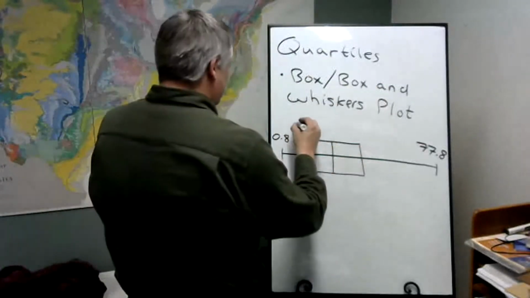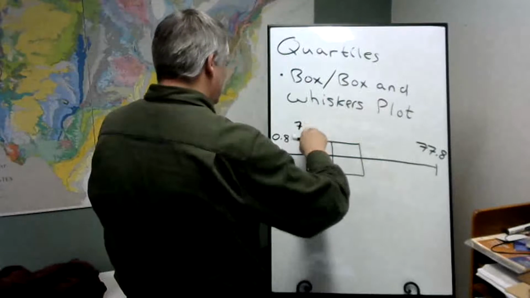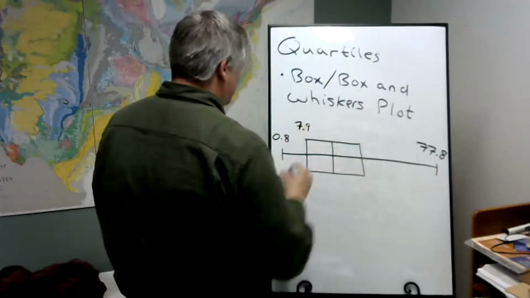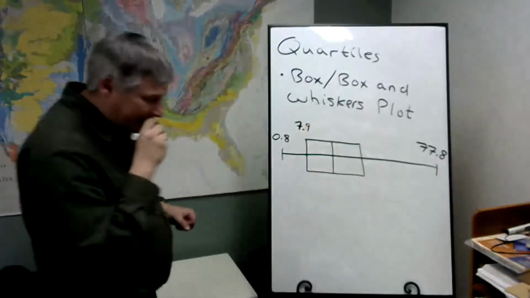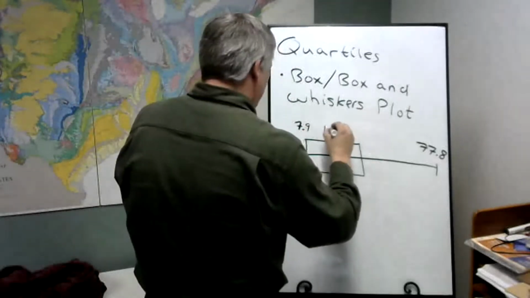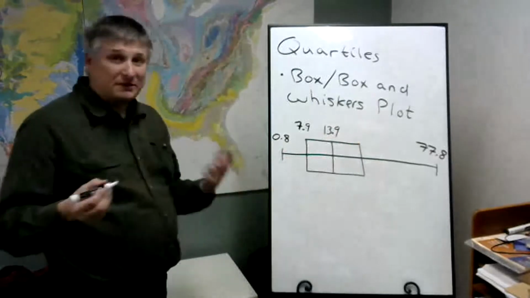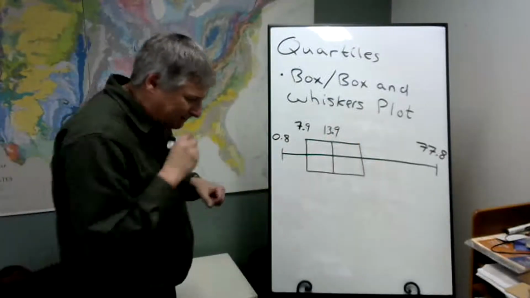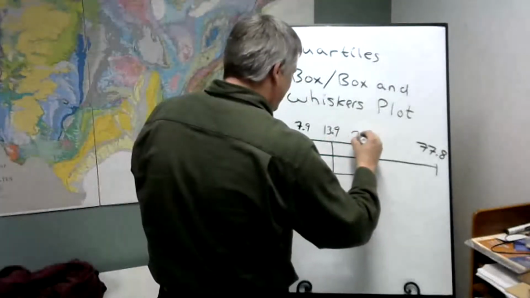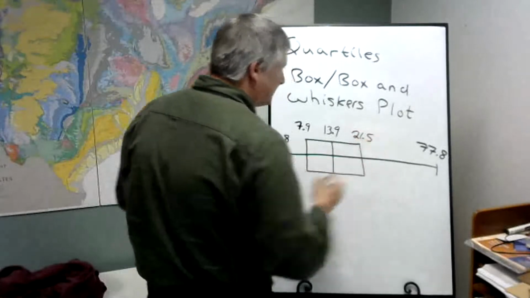So the 25th percentile was 7.9. The 50th percentile was a value that wasn't in our data. It was 13.9. And then the 75th percentile is 21.5.